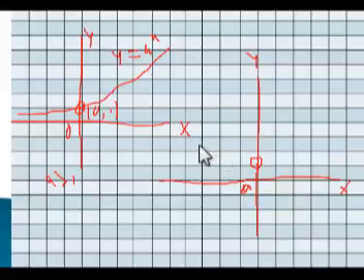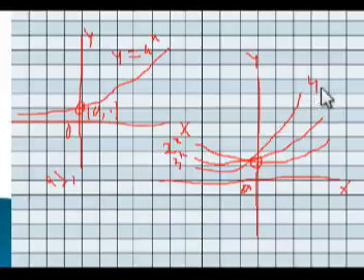So 2 to the power x will be in this way. This is 2 to the power x. 3 to the power x will be in this way. And 4 to the power x is in this way. So in this way, if a is greater than 1, these graphs are found.